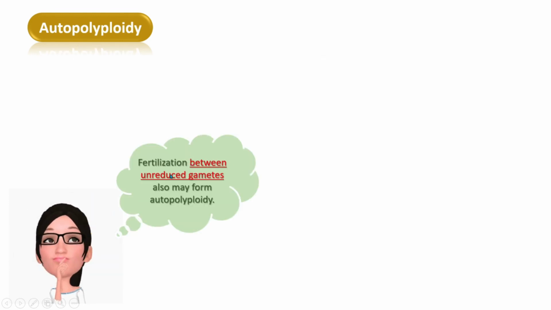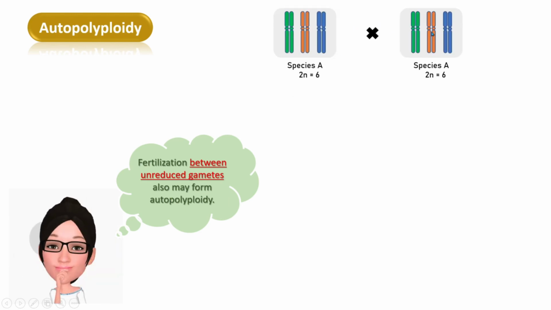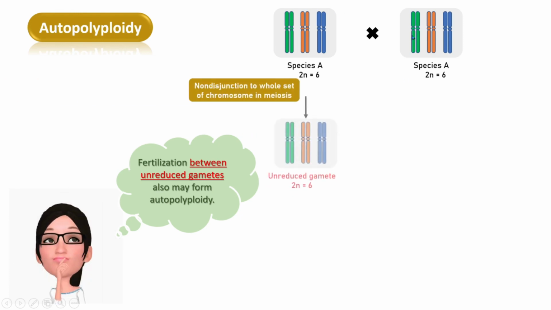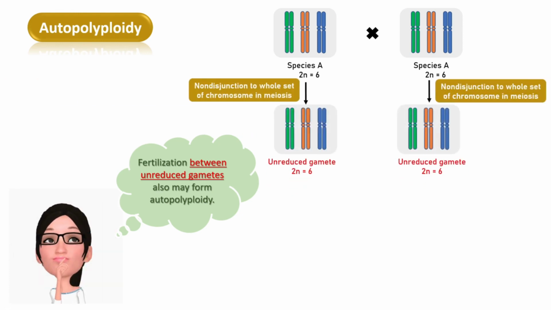Fertilization between unreduced gametes also may form Autopolyploidy, with mating between 2 parents from the same species, where both parents undergo meiotic error during meiosis, where non-disjunction occurs to the whole set of chromosomes in meiosis.